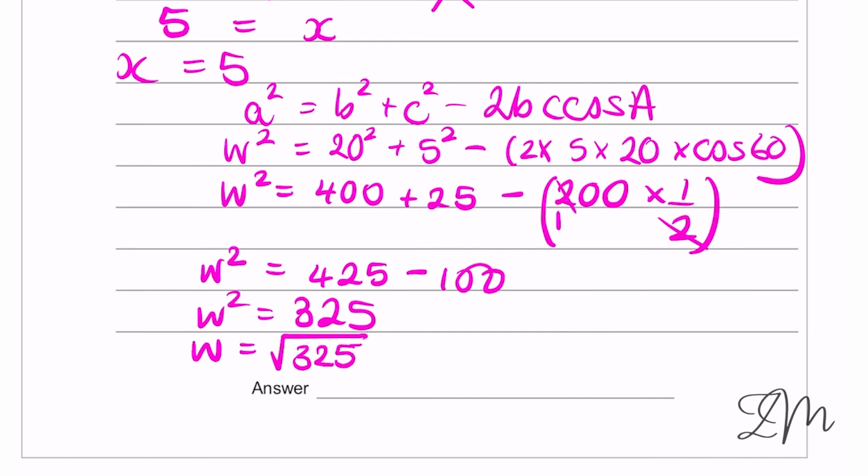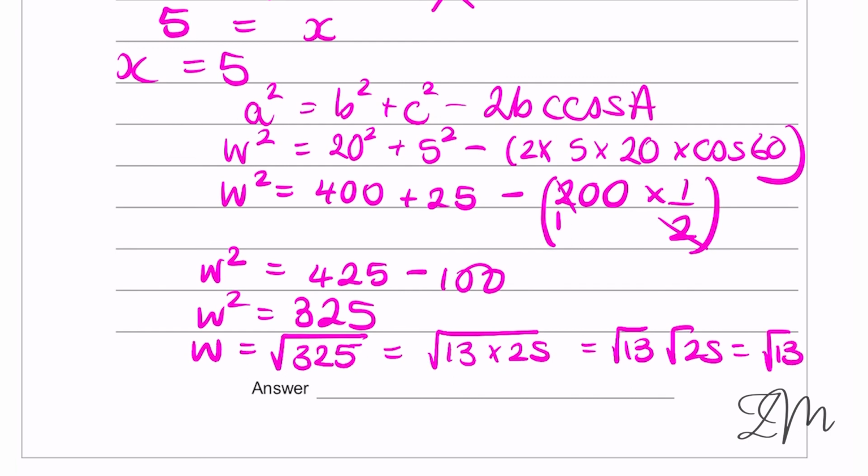So 300 must go in 12 times, plus the extra 25 tells us it's 13 times. So we've got 13 times 25, which is root 13 root 25, which is root 13 times 5, which we can write as 5 root 13.